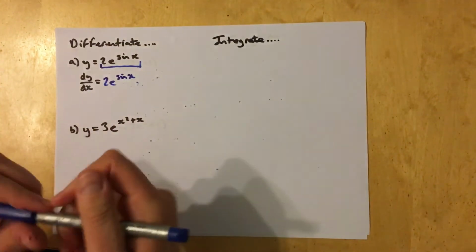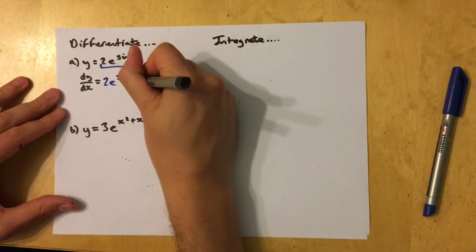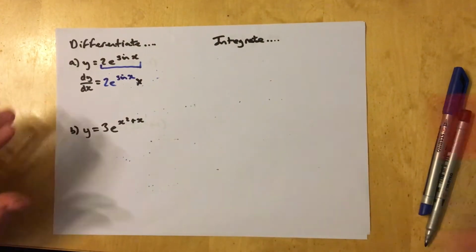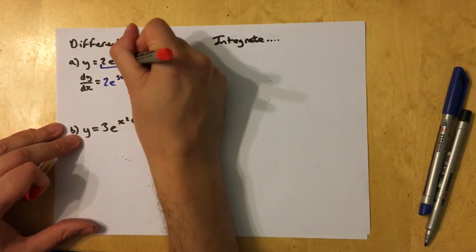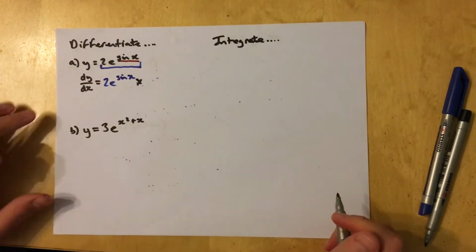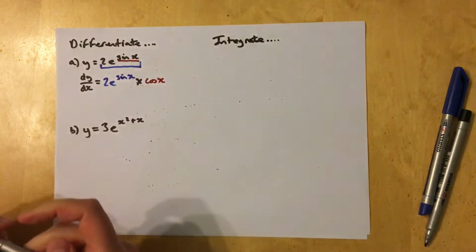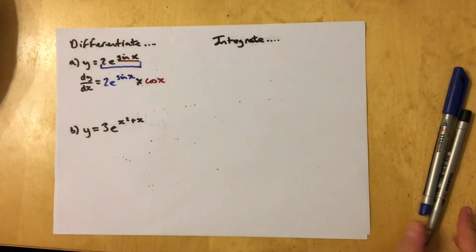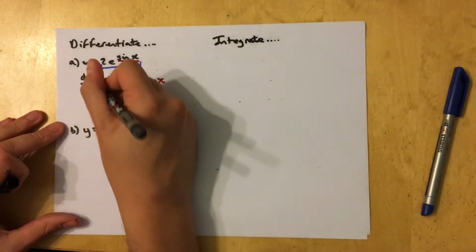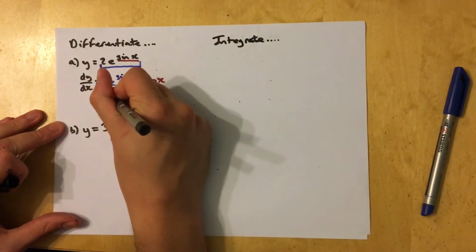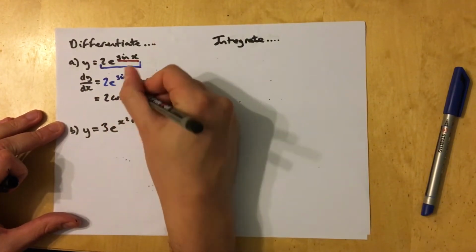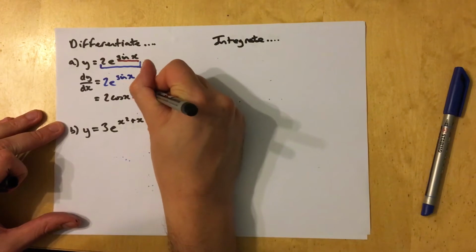Okay, what I now need to do is multiply by the derivative of the inner function. In this case, our inner function is sine x, and when we differentiate sine x, we get cosine of x. So again, just tidying up what we've got, we'd have 2 cos x e to the power of sine x.